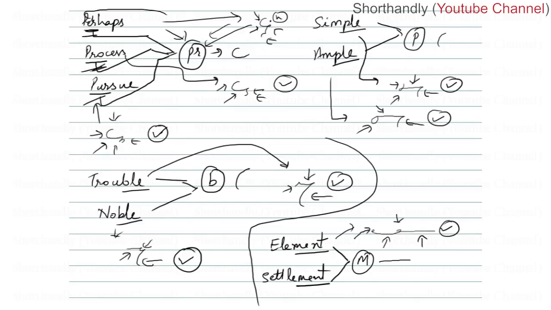Now we have the word settlement. We can make the word settlement like this. First of all this is our S. Then we made this small circle to represent our vowel sound.